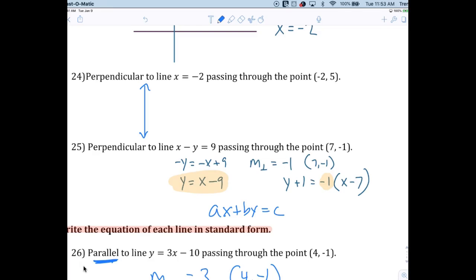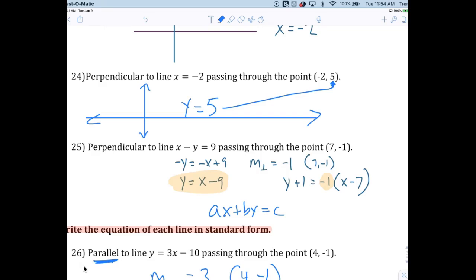Of course, that would have to be a horizontal line. So it's y equals 5. The reason it's y equals 5 is because it goes through that point right there.